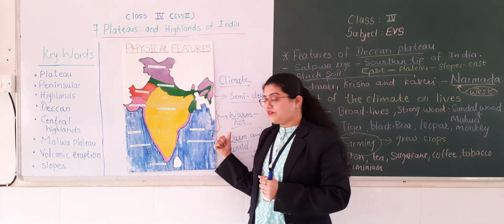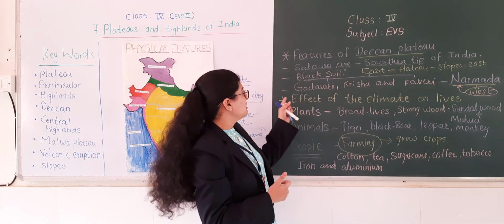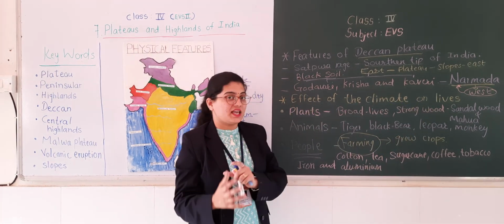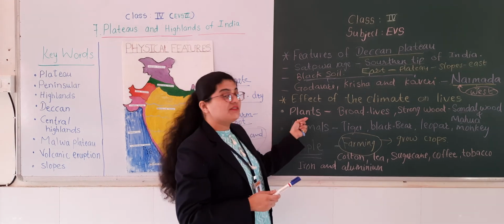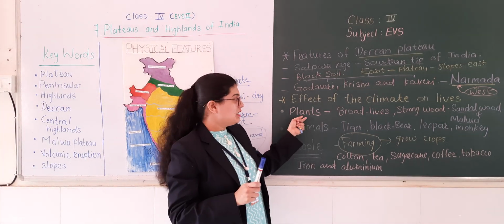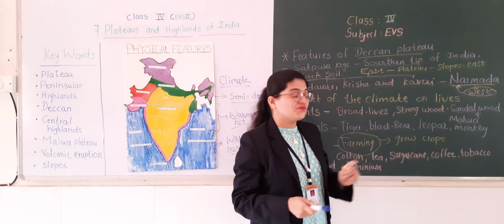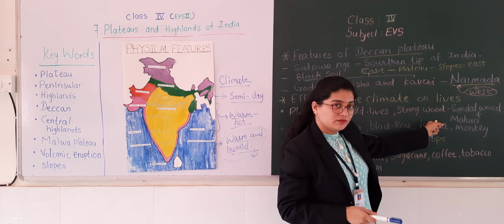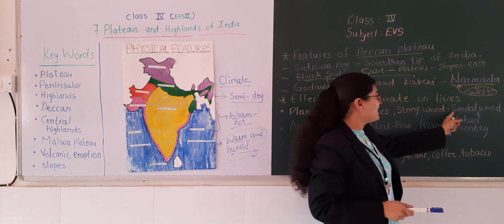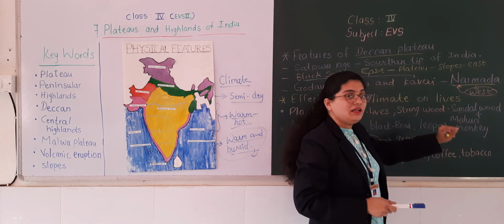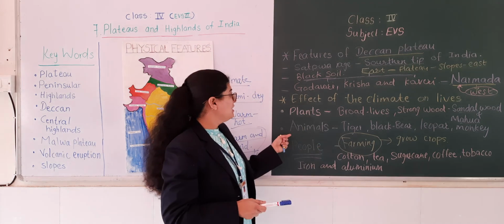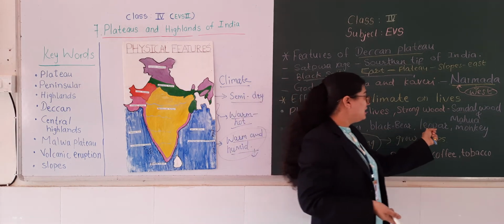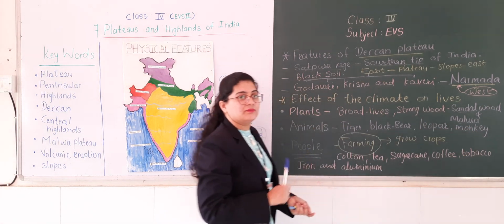After that we discussed the effect of the climate on life. We can find different forests in this region, with plants that have broad leaves and strong wood, such as sandalwood and mahua. There are different animals such as tiger, black bear, leopard, monkeys and many more.